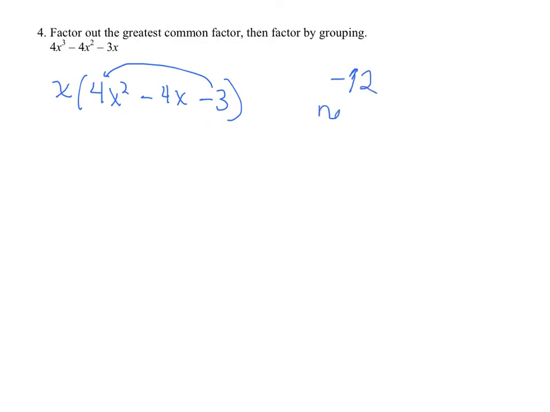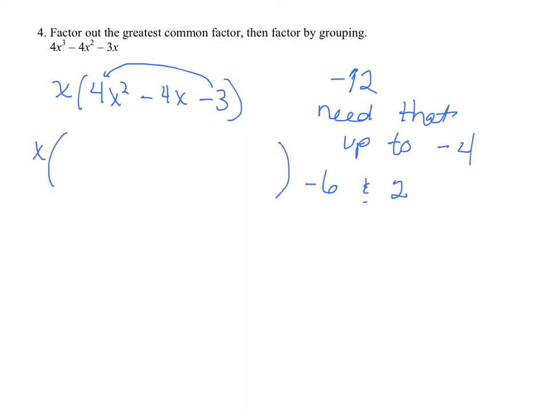I need the factors of -12 that add up to -4. So I think about it. Ooh, let's do -6 and 2. So I leave the x and make a big fat thing right there. So you get 4x squared minus 6x plus 2x, take away 3.